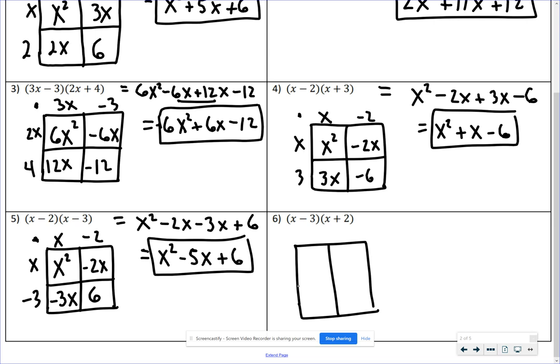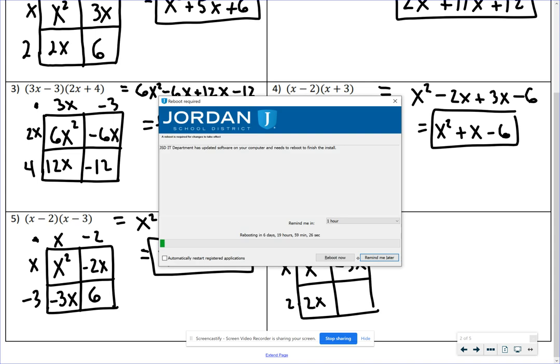Last one. Again, it's a binomial multiplying with a binomial, so I need 2 columns and 2 rows. x times x, x times negative 3, x times 2, and 2 times negative 3.